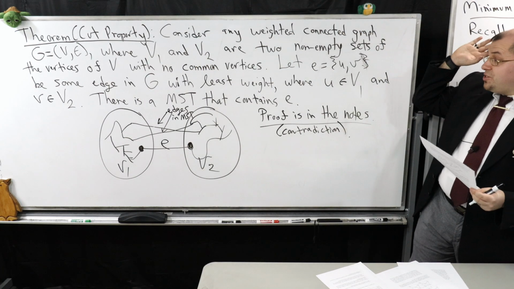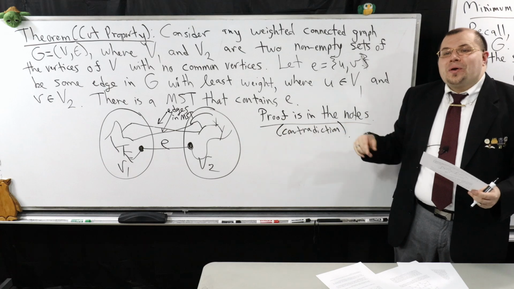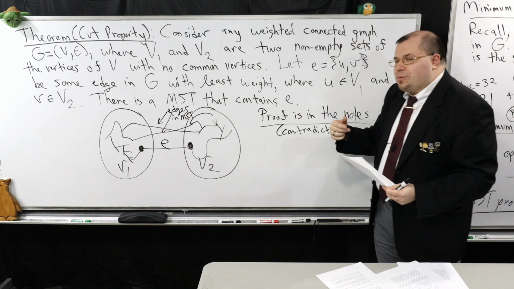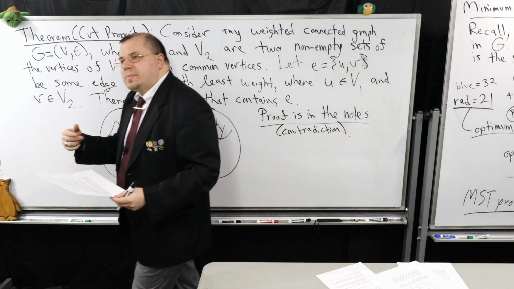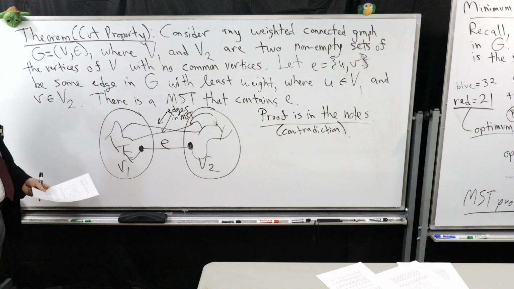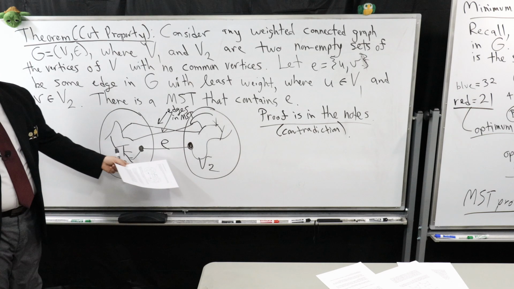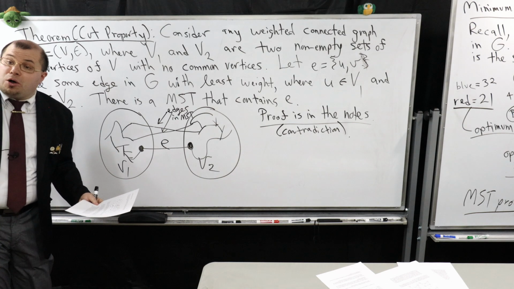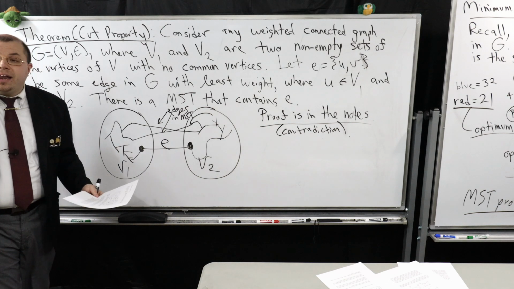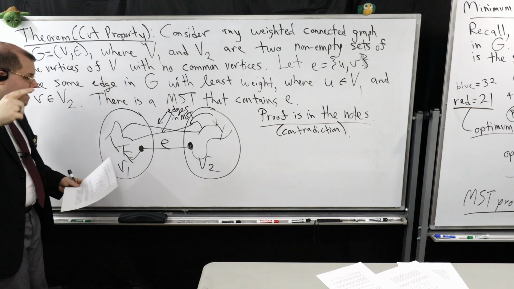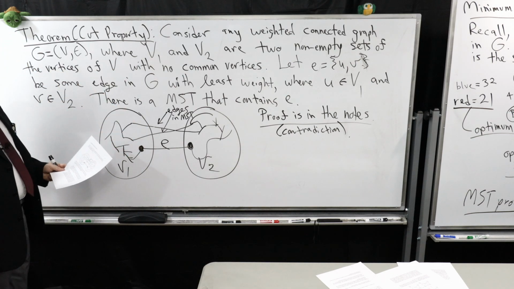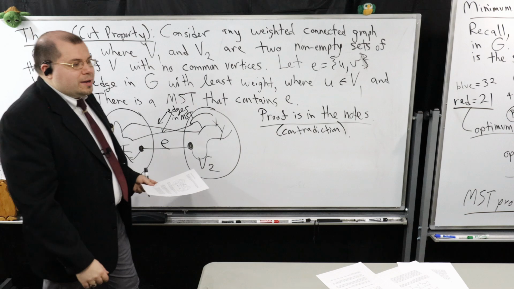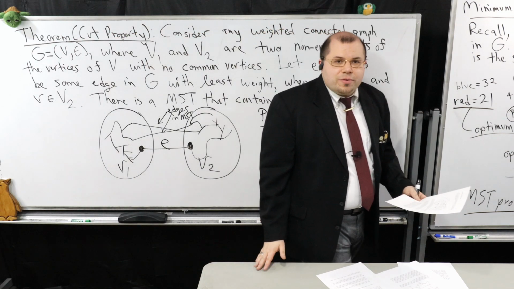So I'm presuming that E isn't in it. Now there's a thing I've got to think about when it comes to trees. Suppose that I added in edge E. Suppose I took this minimum spanning tree that I'm presupposing doesn't contain E, and I make a new tree that contains E. I have a question for you. Is it still a spanning tree?